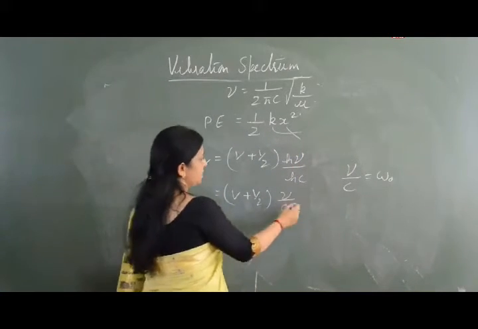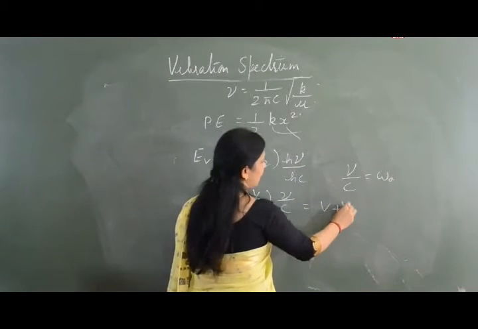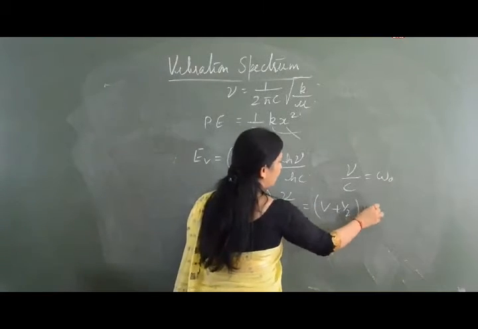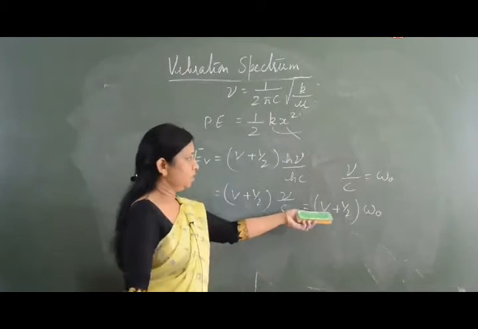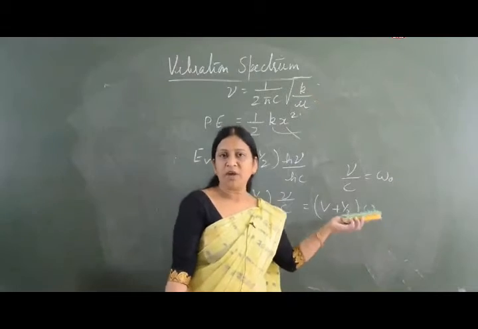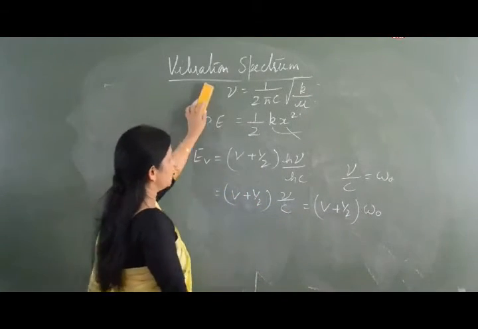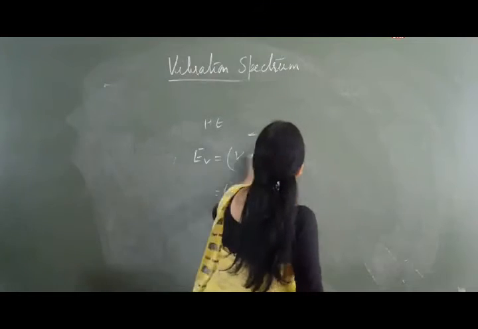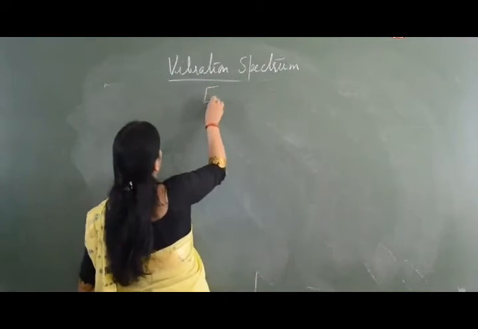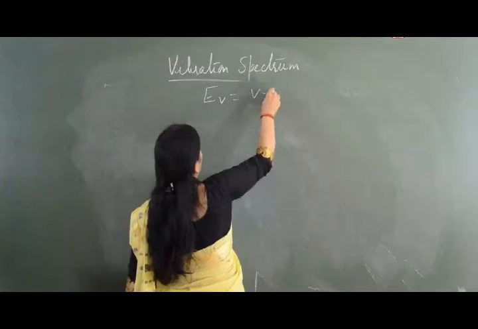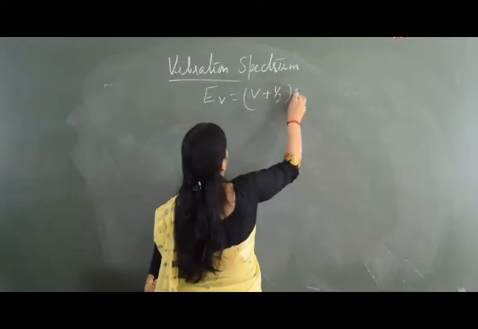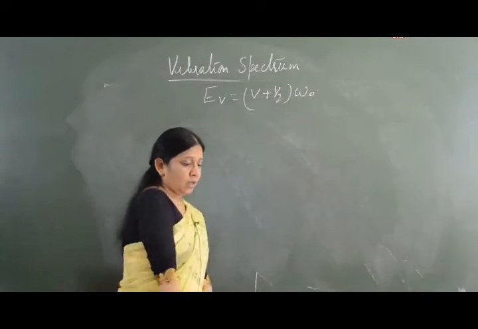So we write this equation as (v plus half) omega naught. So this is the energy equation of the quantized vibrational energy levels: (v plus half) omega naught.